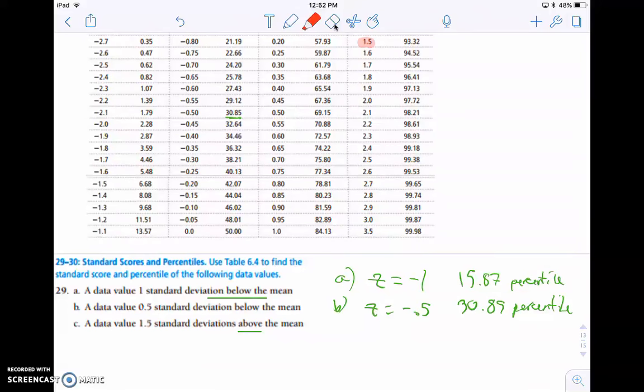That's going to be a z-score of positive 1.5, because you're above the mean, and it's the 93.32 percentile. So once you've got that standard score, and whether you're above or below, you can instantly find the percentile.